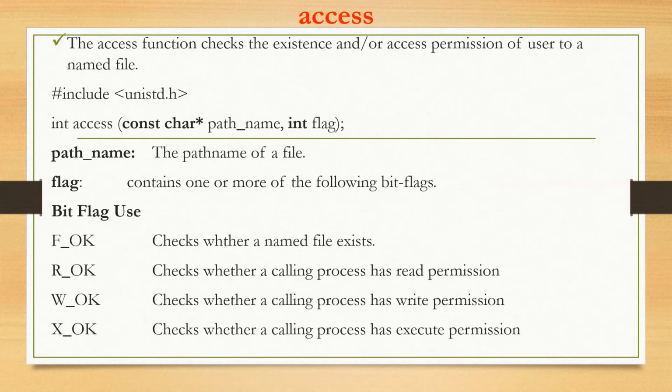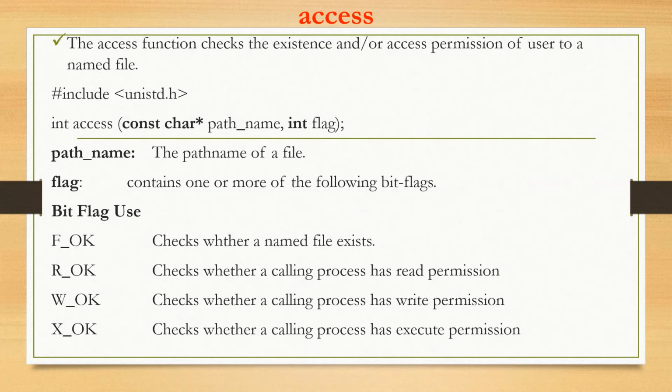Path name is the path name of a given file, and the flag contains one or more of the flag bits. We discuss what different types of flags are used for these operations. One is F_OK, which checks whether the named file exists or not. Another is R_OK, which checks whether the calling process has read permission or not.